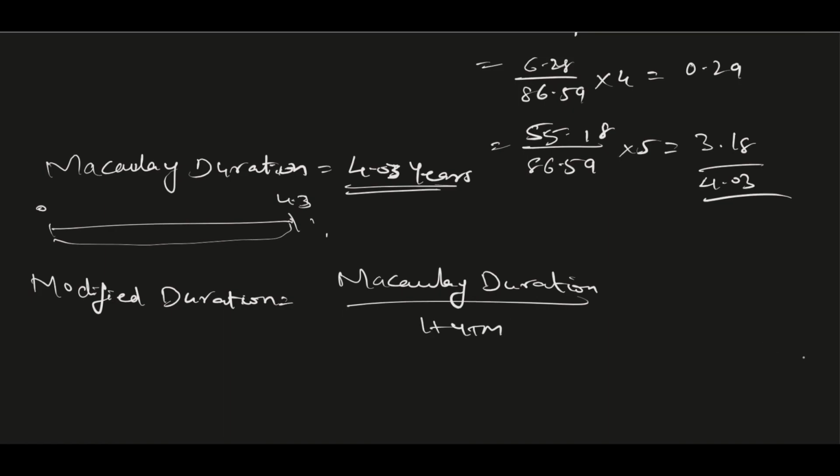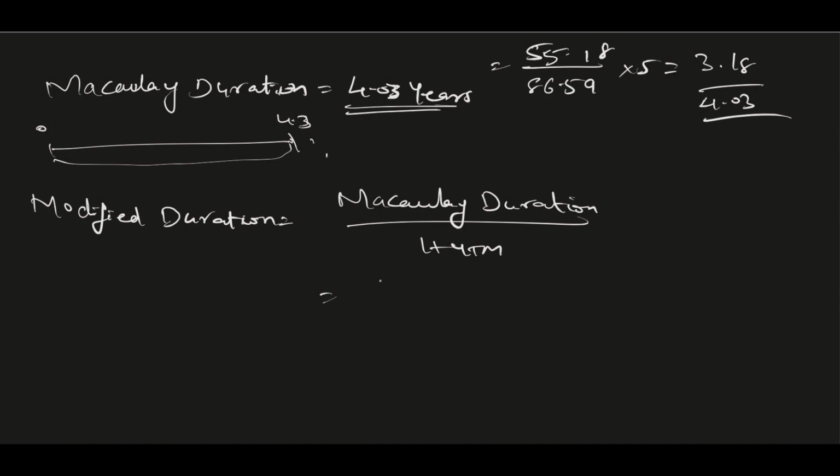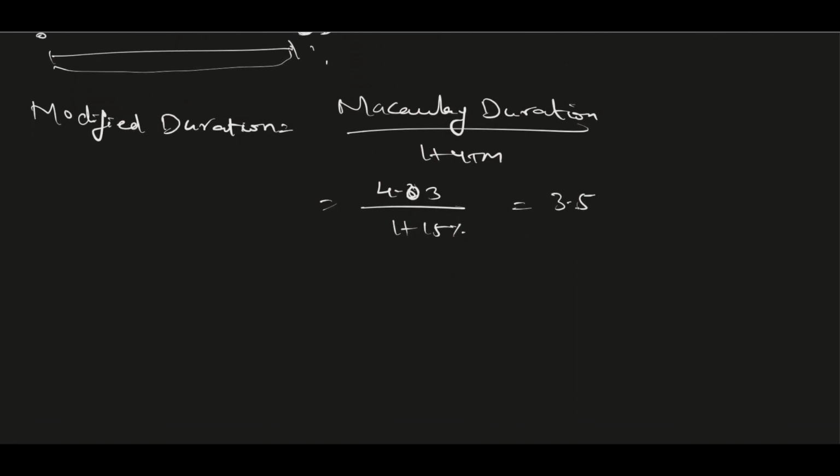So 4.03 divided by 1 plus YTM, which was 15 percent. That comes to 3.5. So modified duration is 3.5.